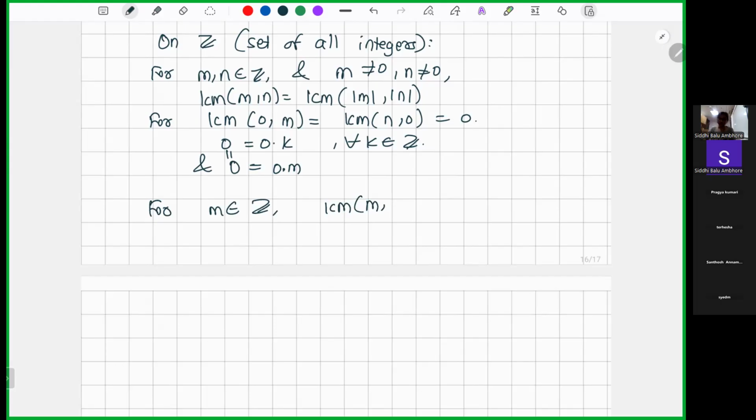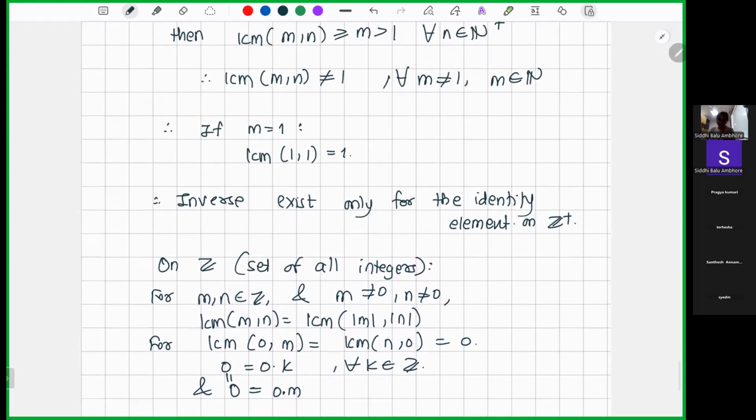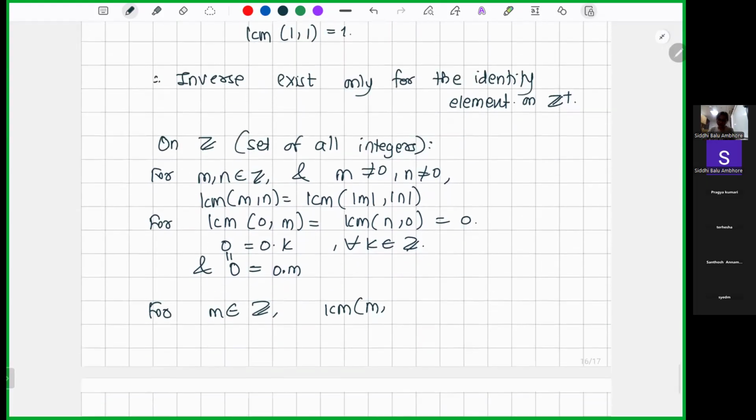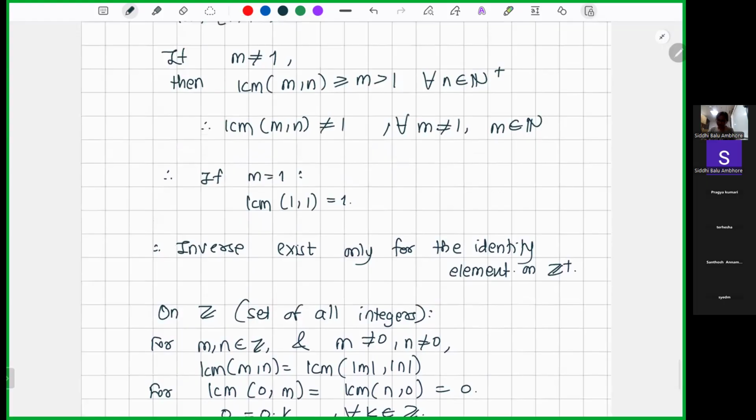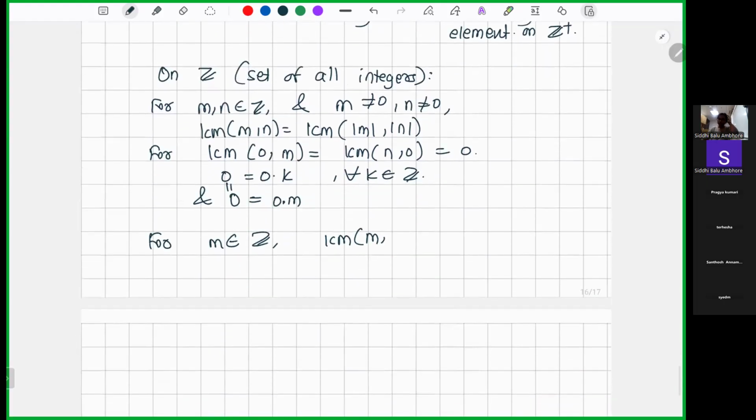Because if this is how I'm defining, yes, it makes sense, right? Because then LCM of 0 and 1 would be 0, and the identity still holds. For positive, it is anyway |m| and |n| and 1, so that's okay. So identity still holds here, that's what I'm saying.